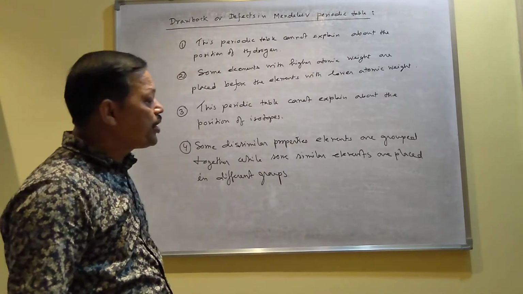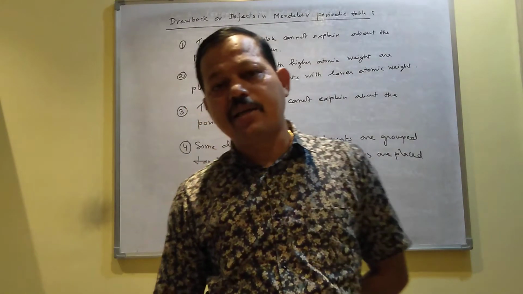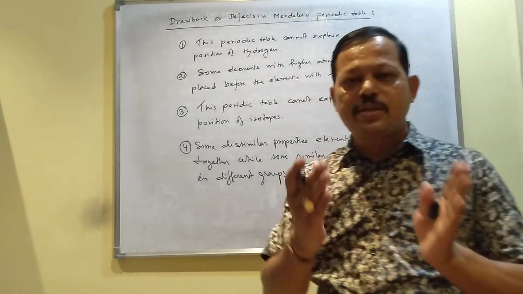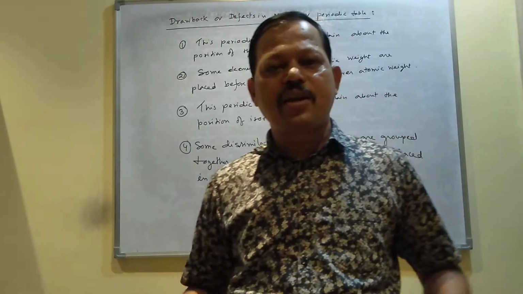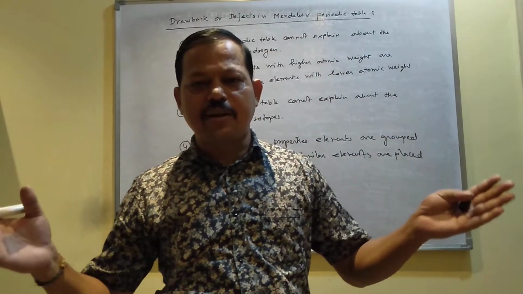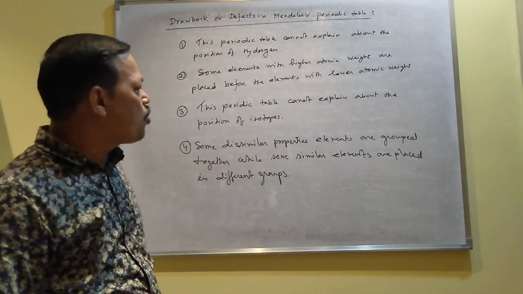So similar property elements should be in a definite group, but it was found that in the periodic table there are some elements whose properties are same, but they are placed in different groups, and there are some elements whose properties are different, but they are placed in a similar group. So there are a number of drawbacks.